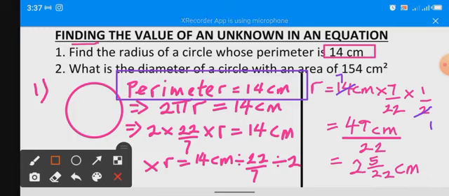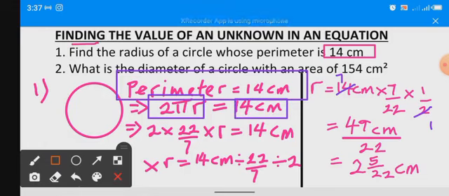Now you ask yourself, what is the formula for perimeter? It implies 2 pi r. 2 pi r stands for the perimeter of a circle, right? So you say 2 pi r equals 14 centimeters.